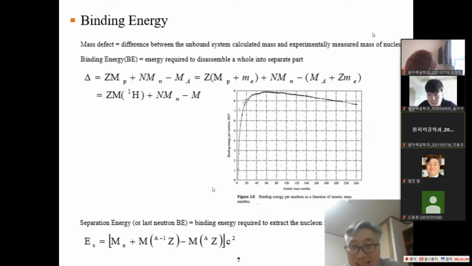So about 8 MeV is the binding energy per nucleon. In total, we multiply 238 times 8 to get the whole binding energy of uranium-238. So this is binding energy per nucleon.